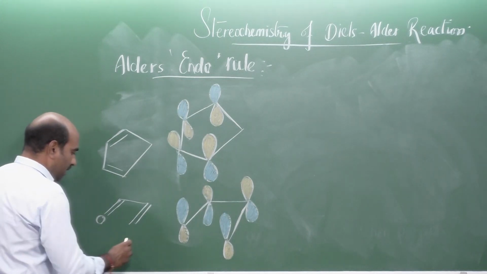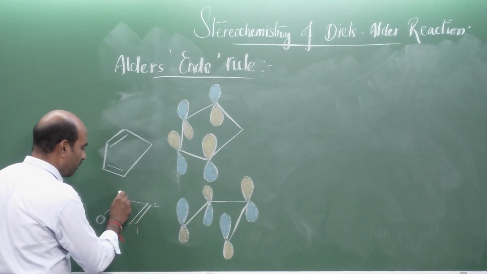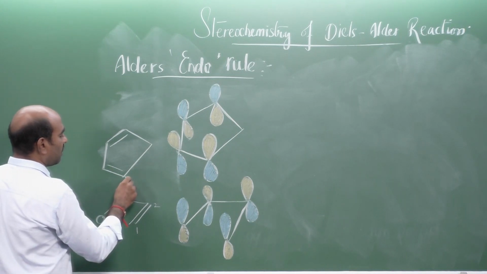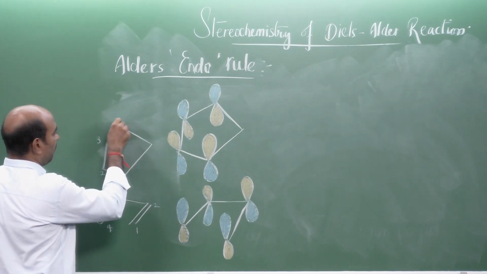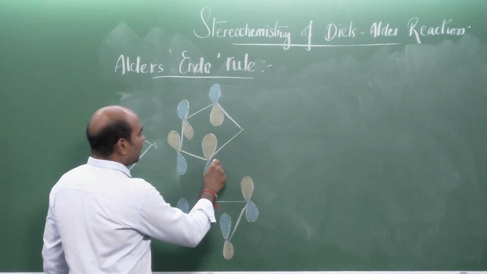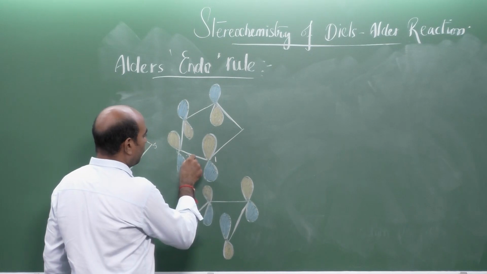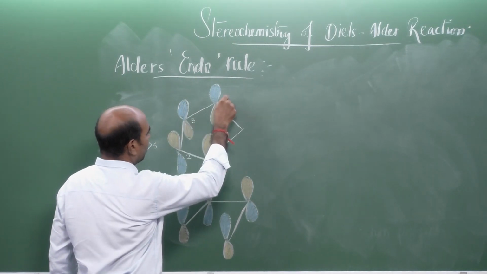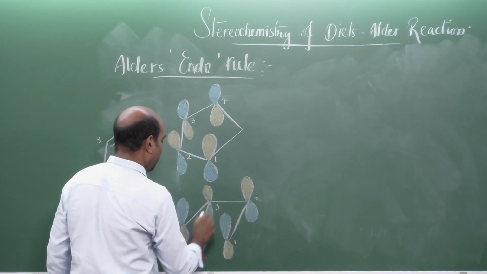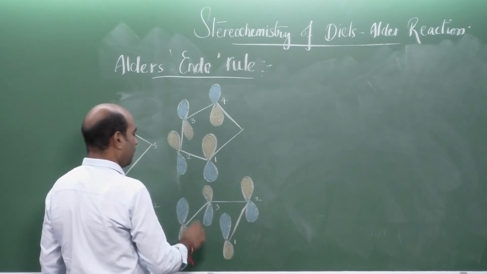So, this is C1, C2, C3 and C4 is oxygen. So, this is 1, 2, 3, 4, 5, right. So, now this is C1, C2, C3, C4. This is 1, 2, 3 and oxygen, this is 4, the fourth atom.